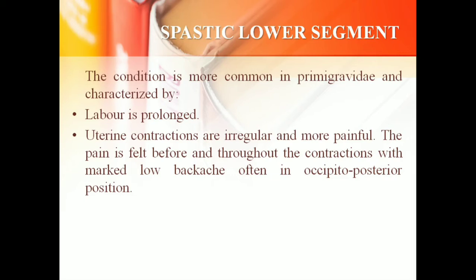The pain is felt before and throughout the contraction, with marked low backache, often in posterior position. We've already studied that malpositions and malpresentations are a major cause of abnormal uterine action. If the position is posterior, lower back pain will occur with irregular contractions and more pain.